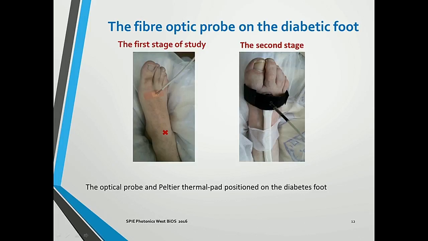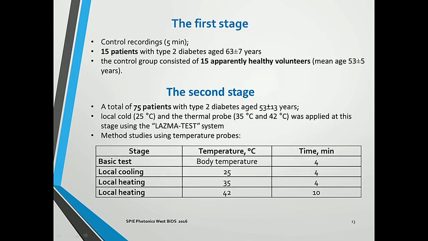And what we got was this data. In the first stage, we do control records for 5 minutes just to get a feeling for the base tissue fluorescence and blood perfusion this patient has in this particular place. Then we took 15 patients with type 2 diabetes, age around 60 years old, and a control group of 50 apparently healthy volunteers.